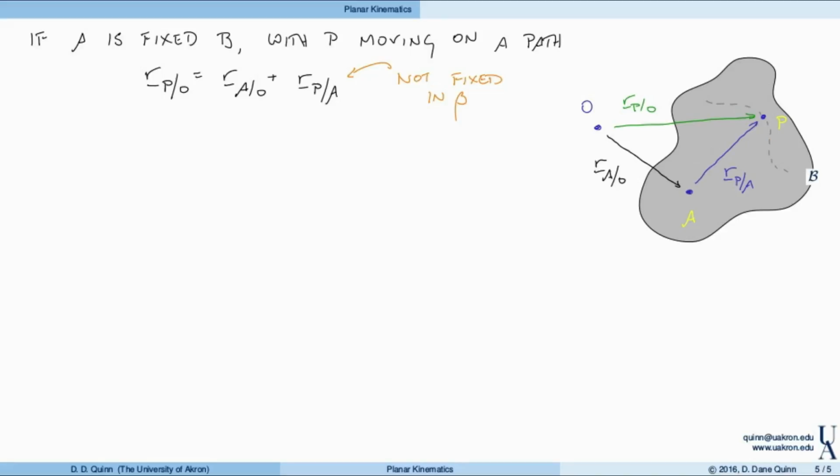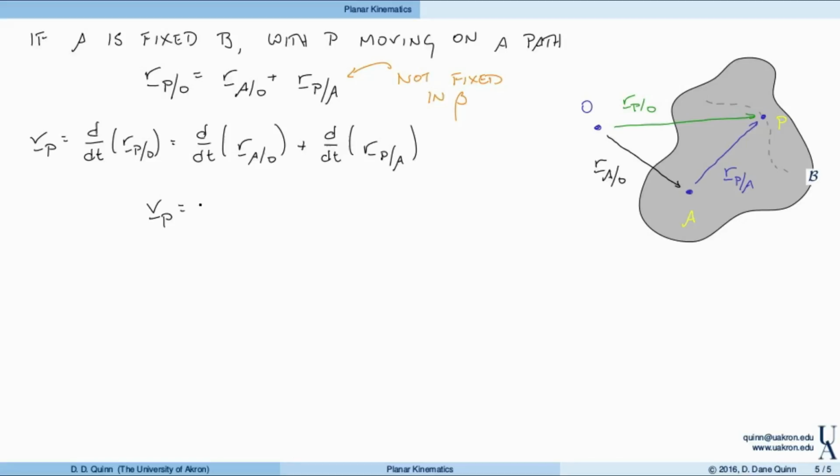Looking at the velocity, we find that the velocity of P is the derivative, as before, of r_P with respect to O, which is the change in r_A with respect to O plus the change in r_P with respect to A. Now we have some additional terms compared to the case where P was fixed in the object, on the last slide. But this first term is exactly the same. It's still the velocity of A.